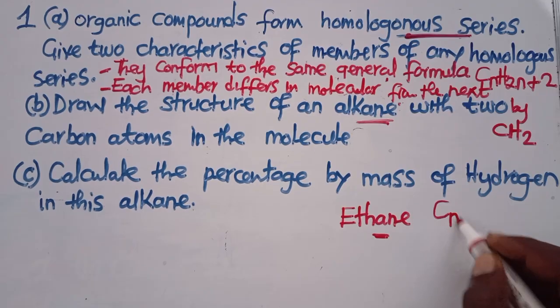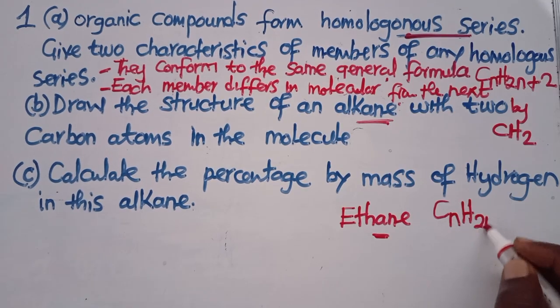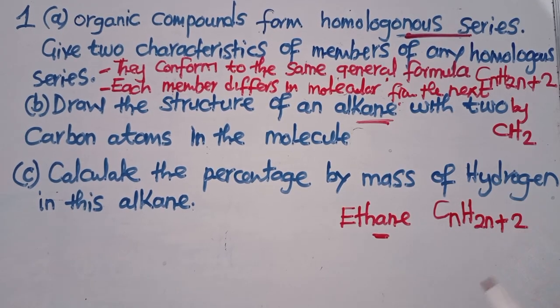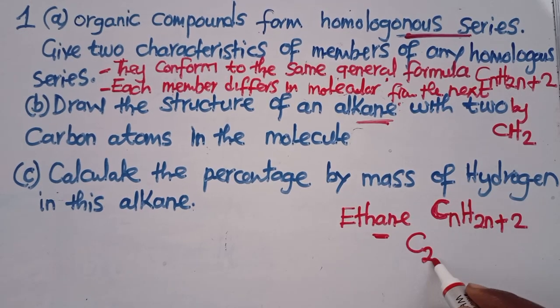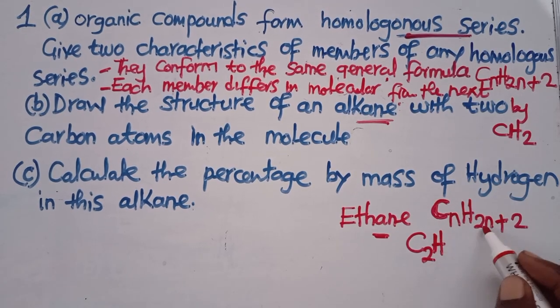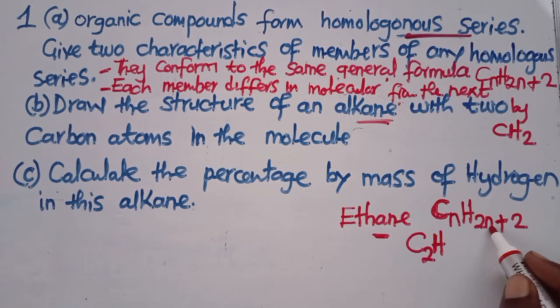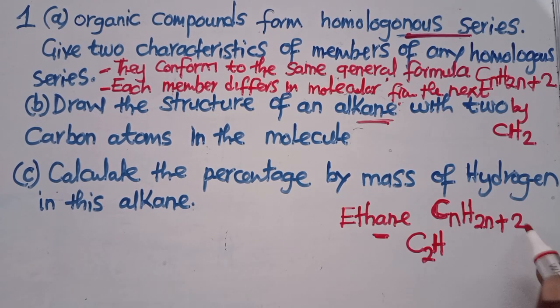The general formula is CnH2n+2. Carbon atoms are 2, so C2, then H: n is 2, so 2 times 2 is 4, plus 2 is 6. So this is the chemical formula now.